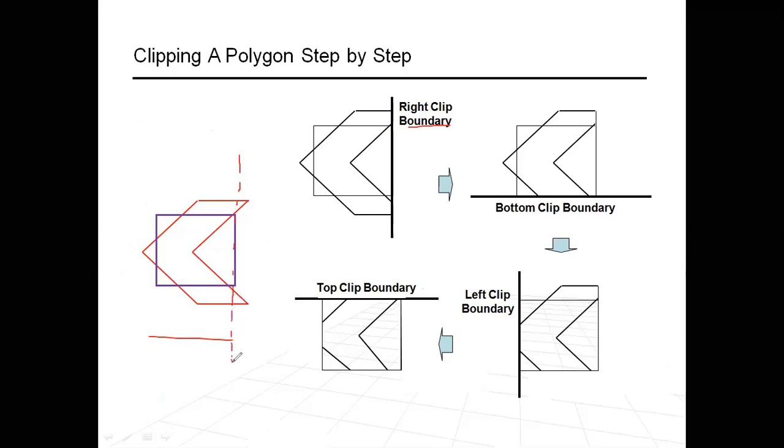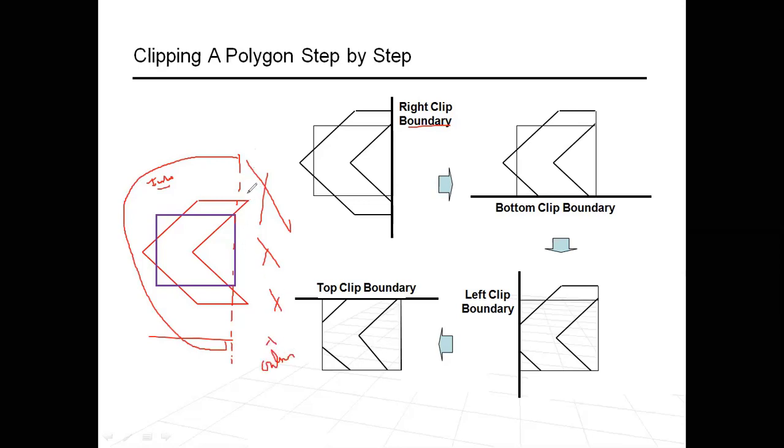An imaginary line is drawn across the right edge. So whatever is residing on the left hand side of this imaginary line will be considered as inside to that edge, and whatever is residing here will be treated as outside of that edge.